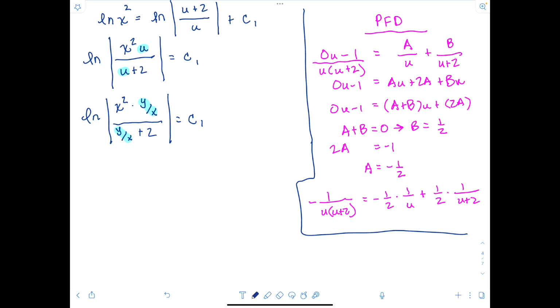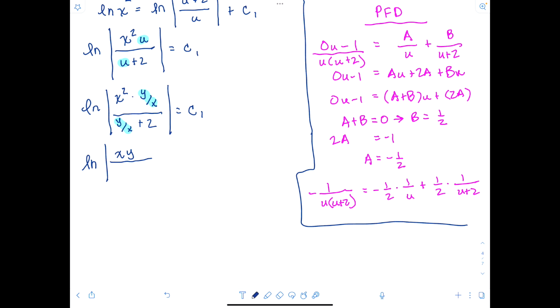So then, simplifying through natural log absolute, we're going to get xy in the numerator. Getting a common denominator, we'll have y plus 2x all over x equals C1.